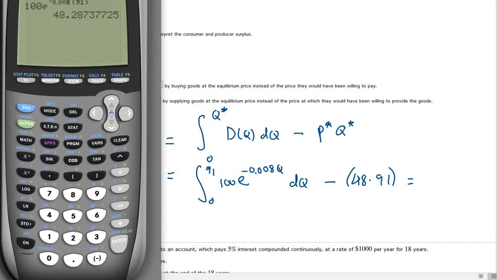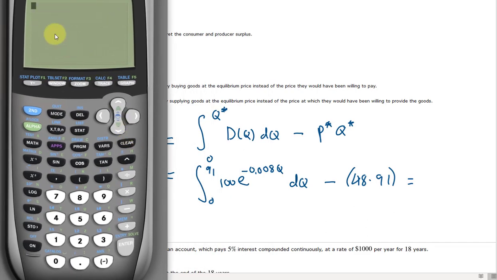So you need to have the graphing calculator to do this problem. So math 9 gets me to the integral from 0 to 91, and then 100 e to the minus 0.008 x. Just use the variable x for Q. And then if we use x, we have to put dx and then hit enter.